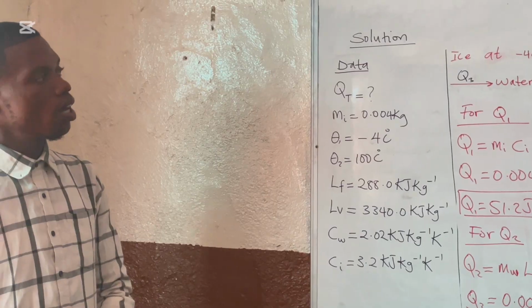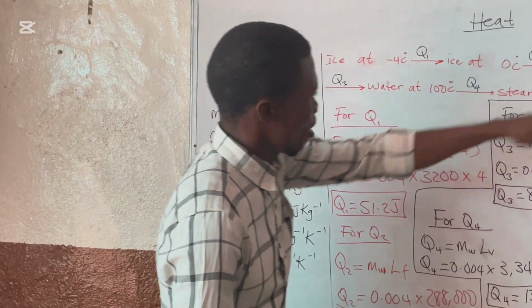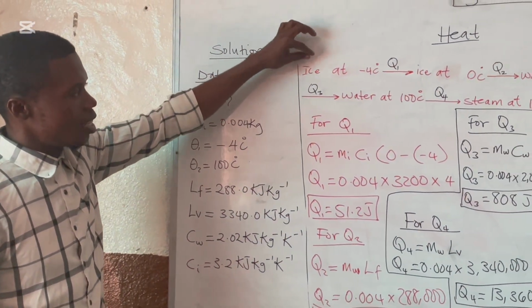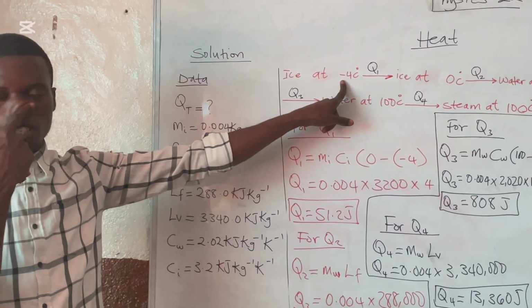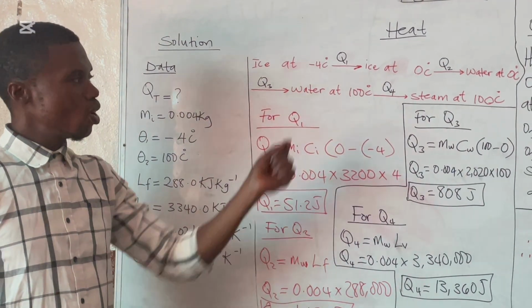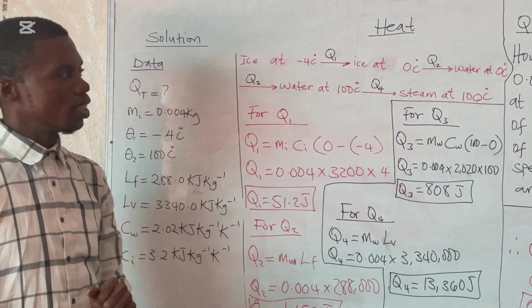Now we have an arrow diagram here telling us we are converting firstly ice at negative 4 degrees Celsius to ice at 0 degrees Celsius. We need a heat energy there. We call it Q1.